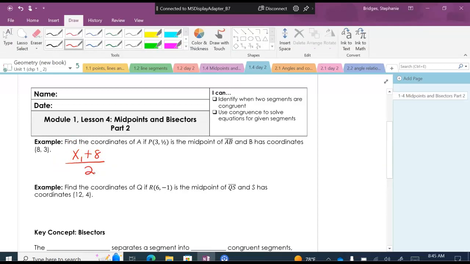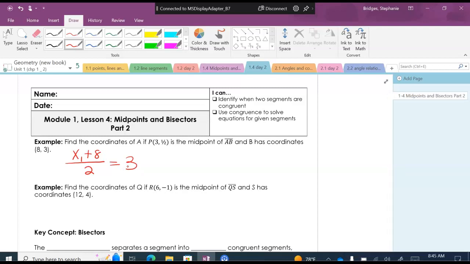And the result of that, adding this plus this and dividing by 2, is going to be what this x value is. So what is it going to equal? 3. So I'm going to set this equal to 3. So far, so good?